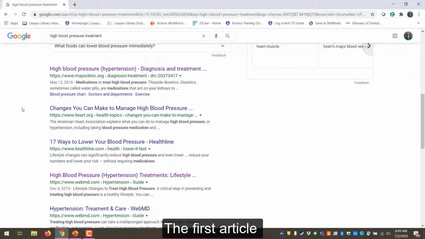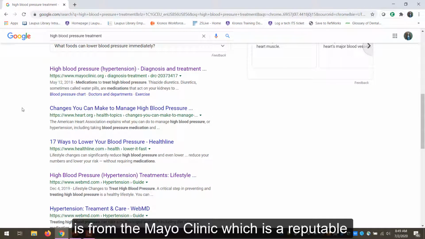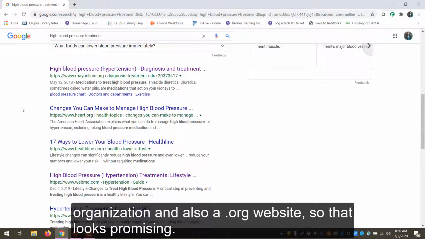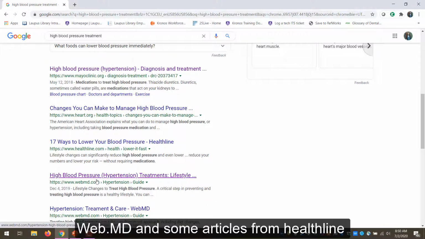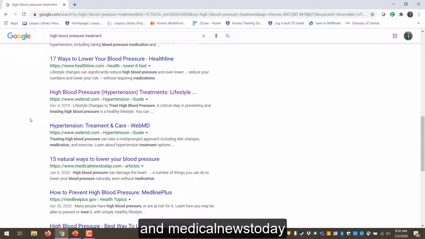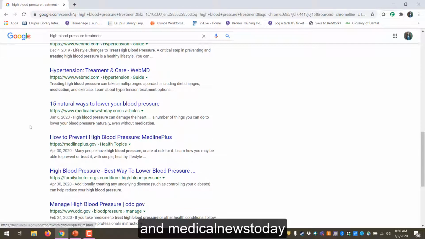The first article is from the Mayo Clinic, which is a reputable organization and also a .org website, so that looks promising. We also get hypertension, treatment and care from WebMD, and some articles from Healthline and Medical News Today.